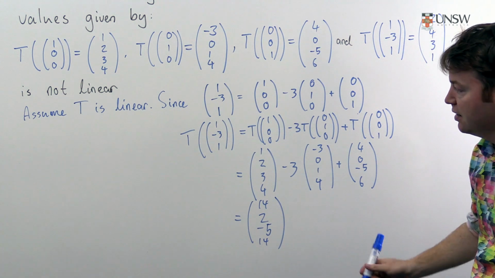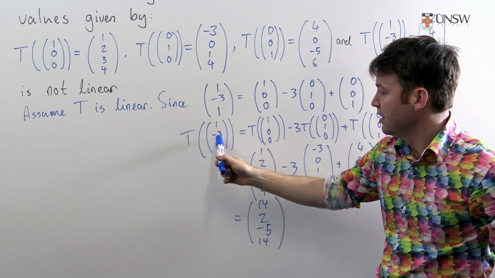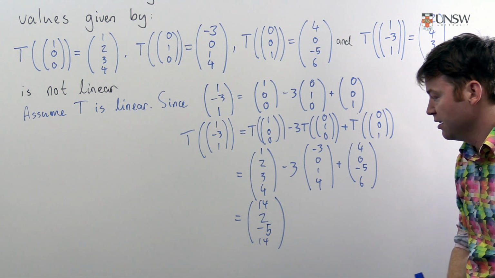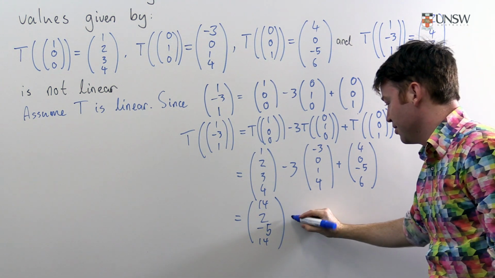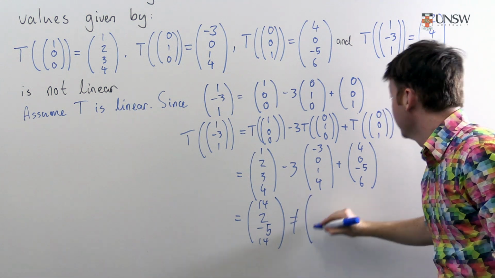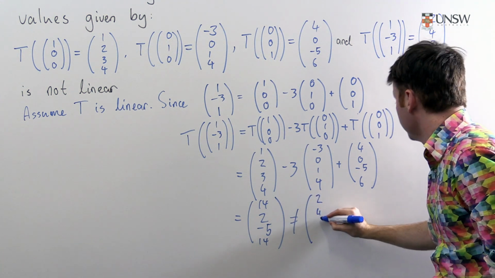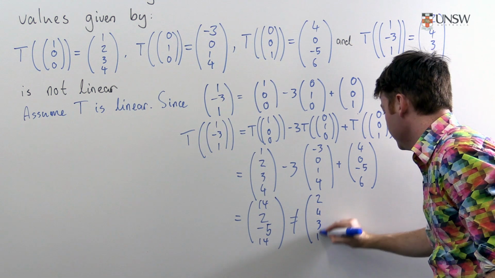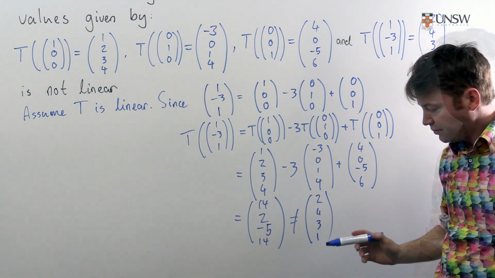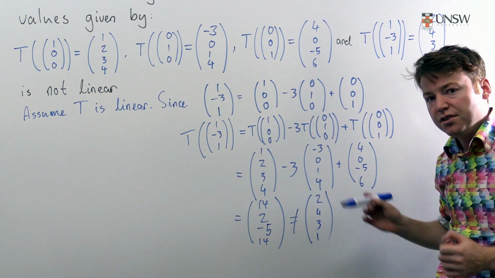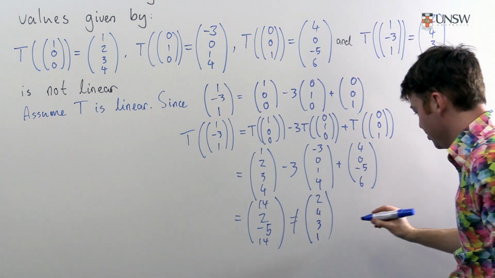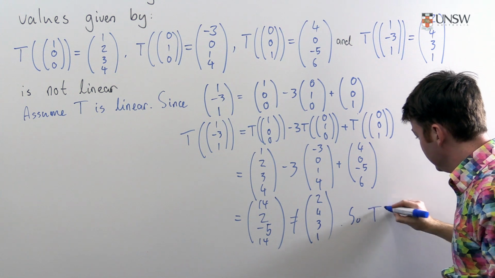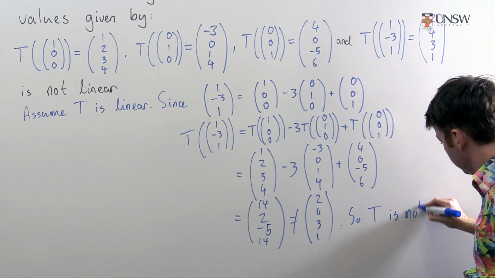So a linear T would have sent the vector (1, -3, 1) to the vector (14, 2, -5, 14), which is not that vector over there, (2, 4, 3, 1). This contradiction shows us that our assumption that T was linear must be incorrect. So T is not linear.